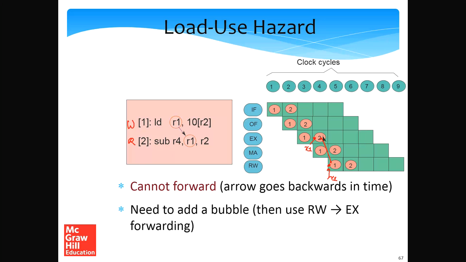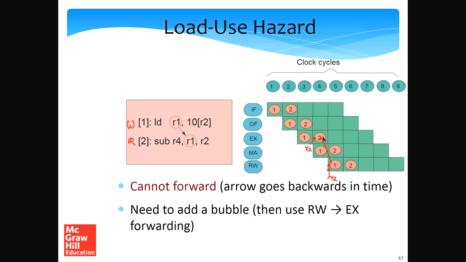So that is why forwarding cannot handle a load use hazard, which means there is a load instruction which writes to a destination register and the immediately consecutive instruction reads from it. That is because when the data is available in the beginning of the MA stage, that is too late.